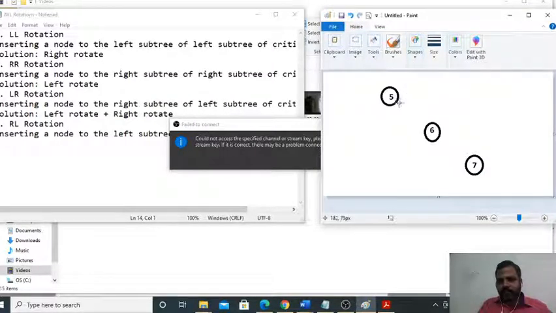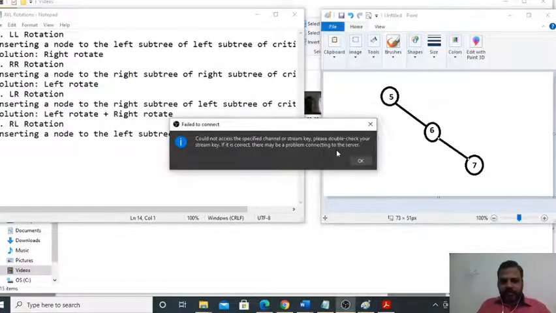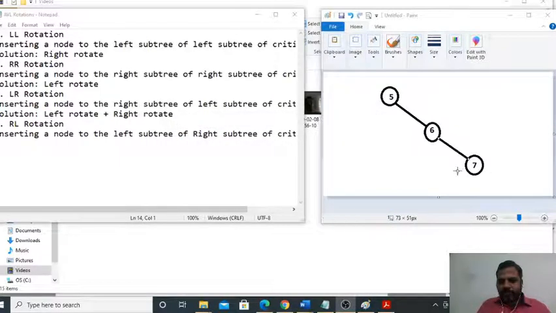So 5, 6, 7 is a right skewed tree. We only have nodes in the right branch of 5. Now I think you would have understood: 7 is added to the right subtree of the right subtree of 5. So this is why we call it RR rotation.